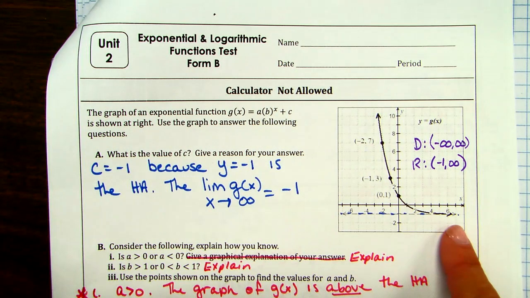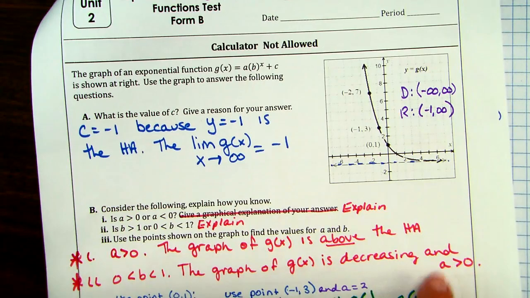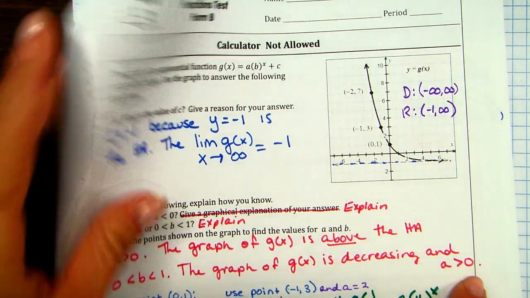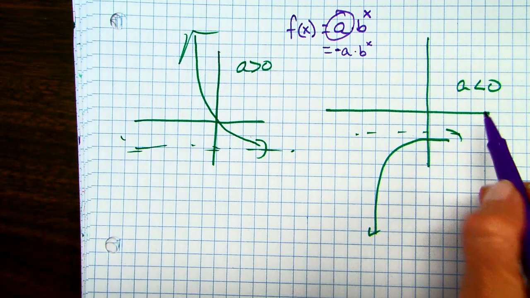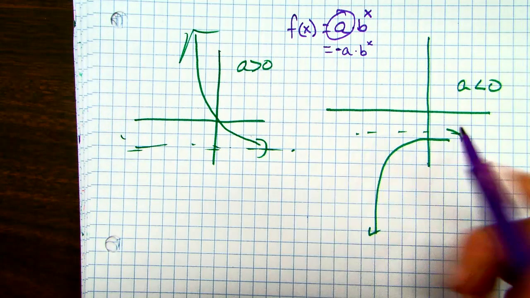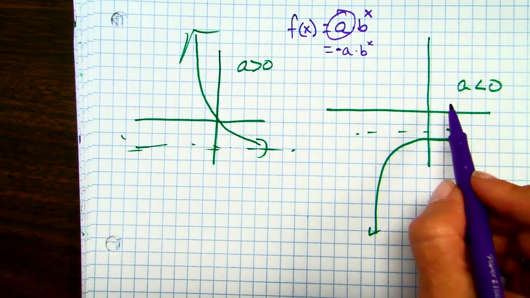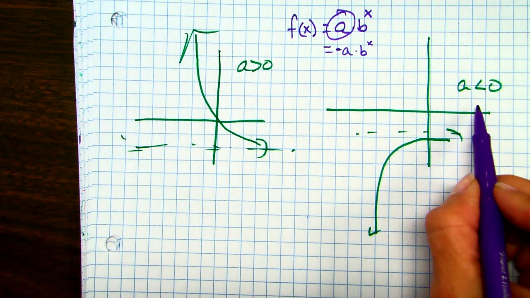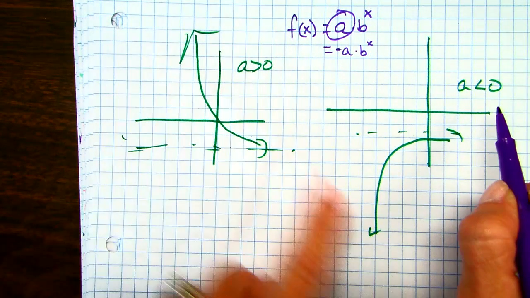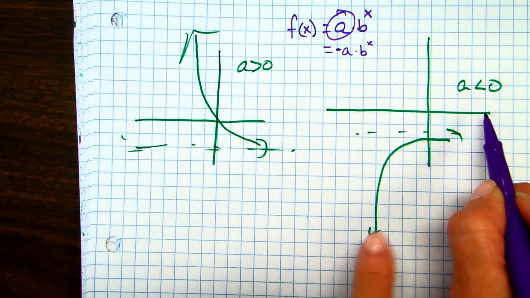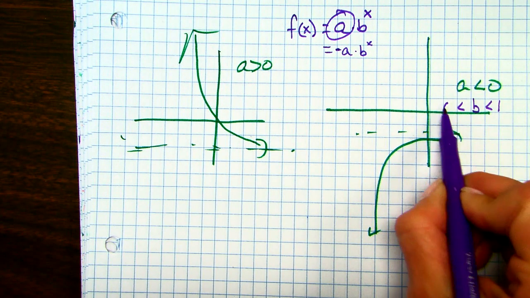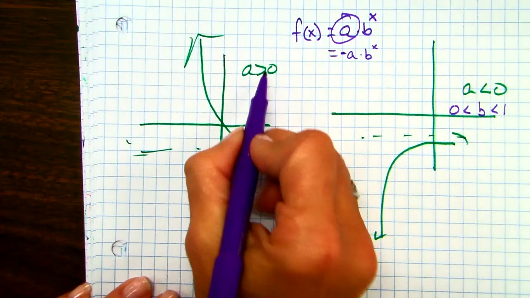So it's decreasing. But you also need to throw in that A is greater than 0. Why? Here's why. A is less than 0 here, right? If there's a flip, A is less than 0. But, this is confusing, the B value is the same as before it flipped. So in this situation, this graph is also between 1 and 0, just like this one.